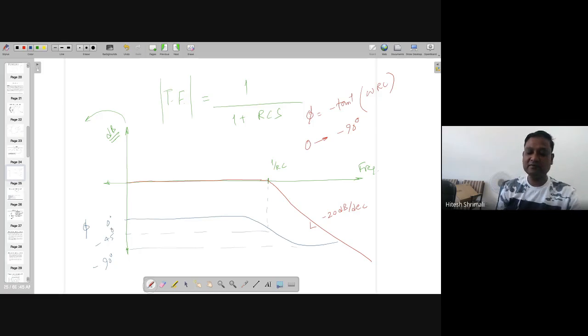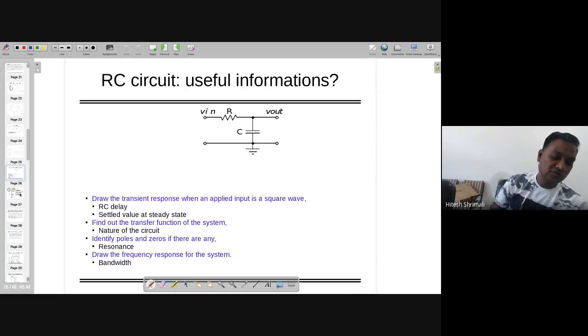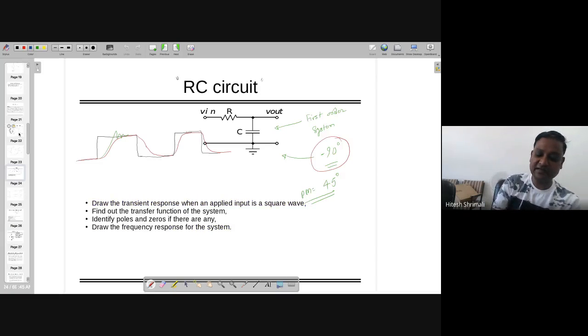Right. So in this case, there are no transients going here and there, as it is a first order system, right? There is no second order, that's why this is happening, and it's going pretty fine.